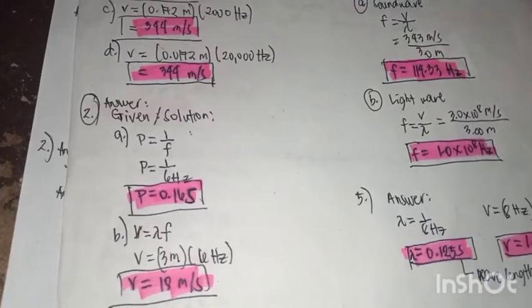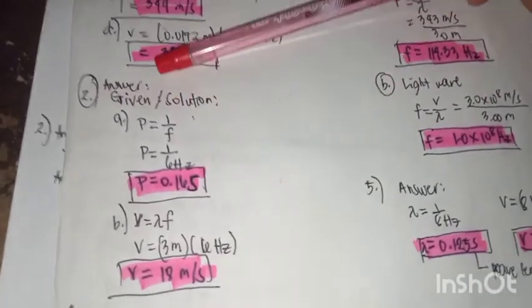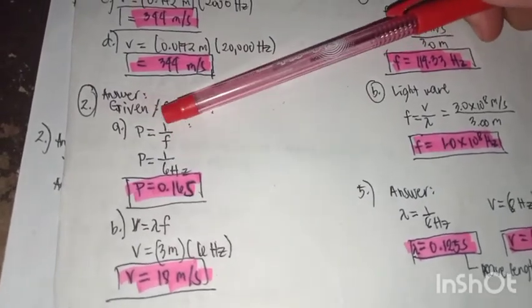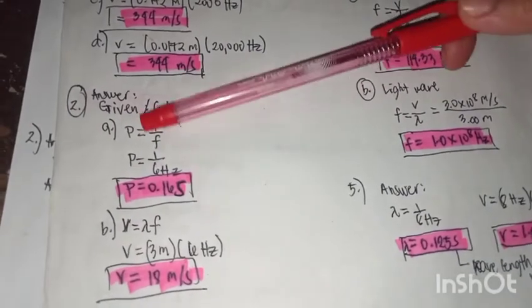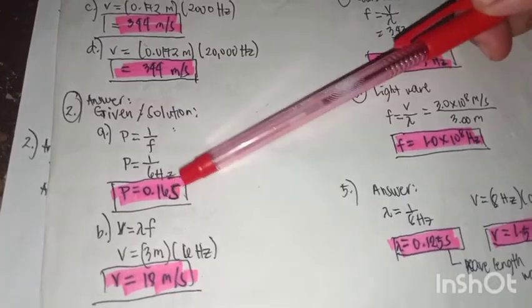So we are going to identify the period of the said wave. We are going to use this equation, period is equal to 1 over frequency. So substitute the value. Period is equal to 1 divided by 6 Hz.